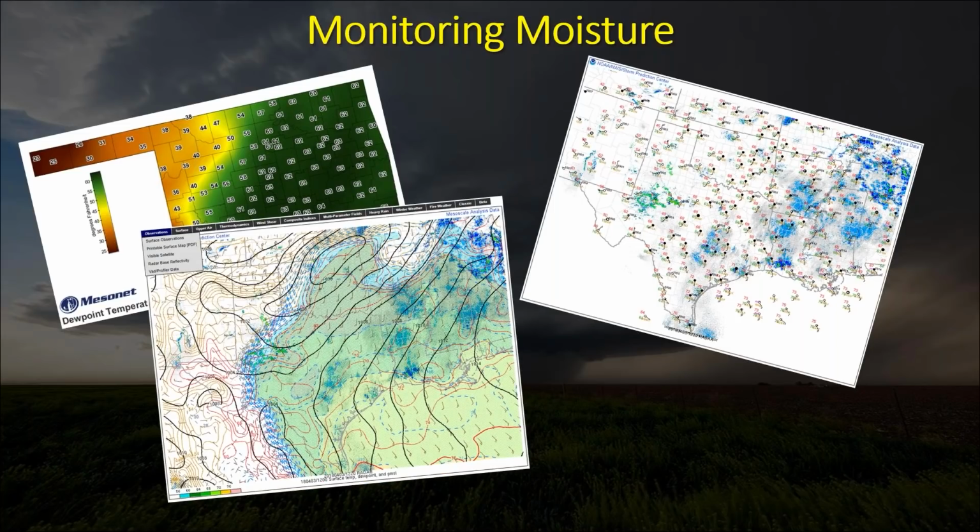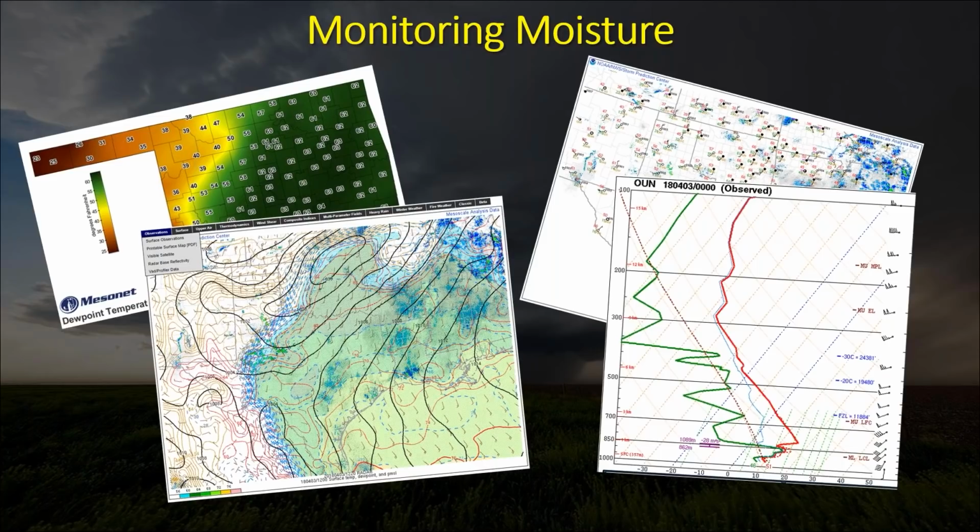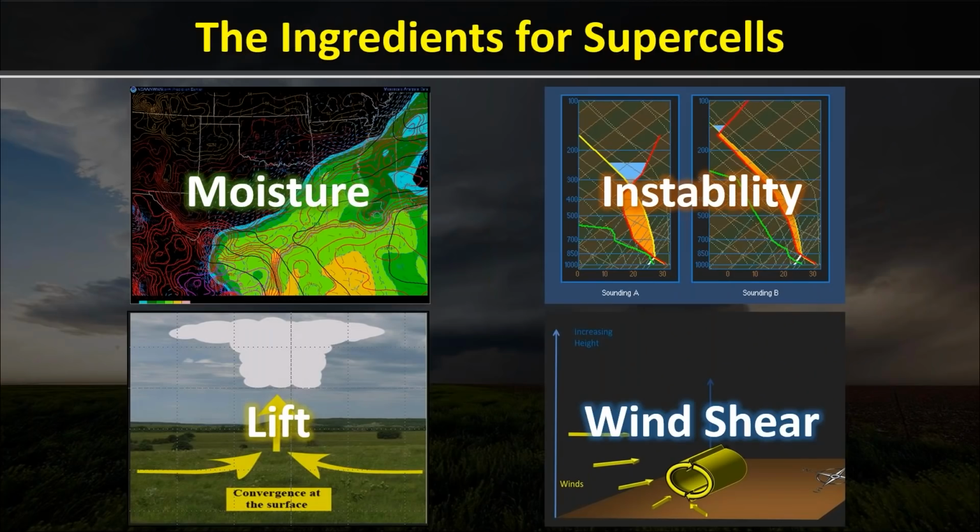Here's another view that you can pull down from their website. And again, skew-Ts, which I'll go through here in a second, which are basically just looking at the data that we collect from our weather balloons.